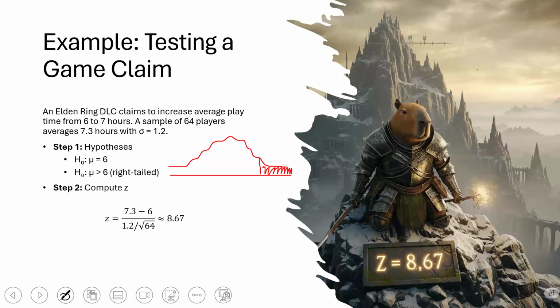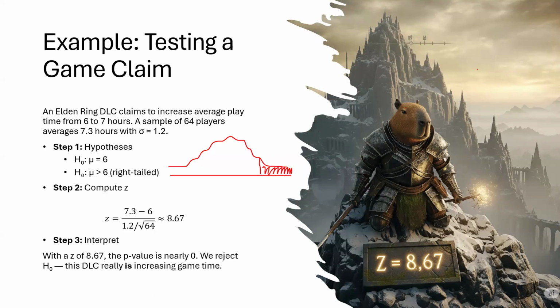A z-score of 8.67 is way off in the right tail of the normal curve, like boss level extreme. So over here, our 8.67 would be way out in the right field, right? Remember, z-scores are the mean is centered at 0. So we're clearly in that rejection region.